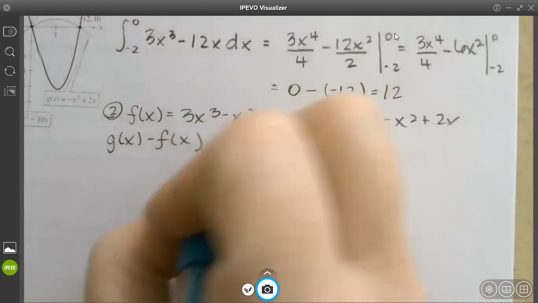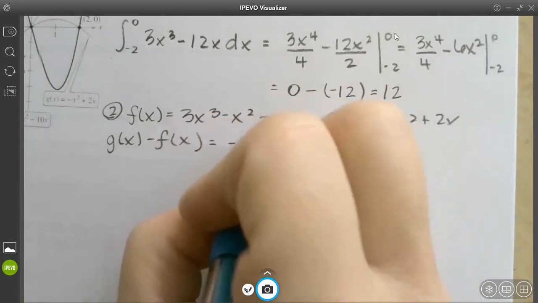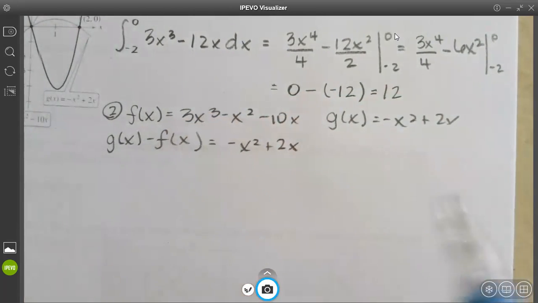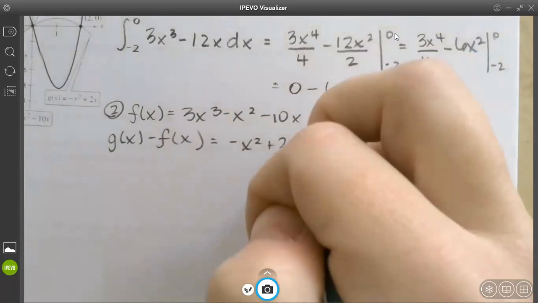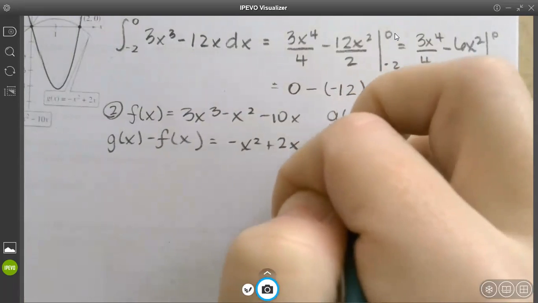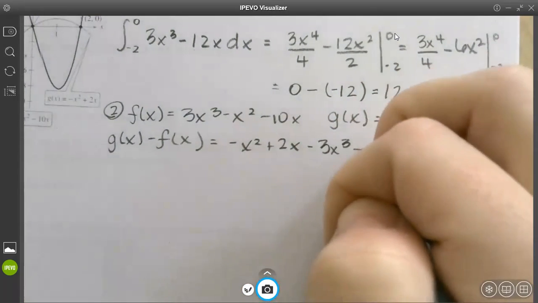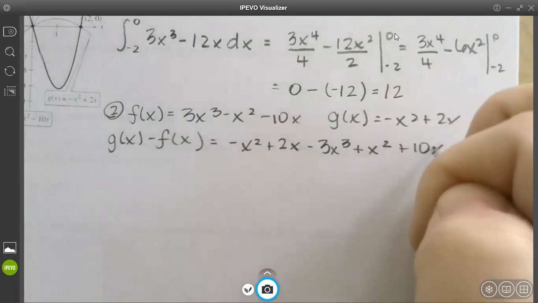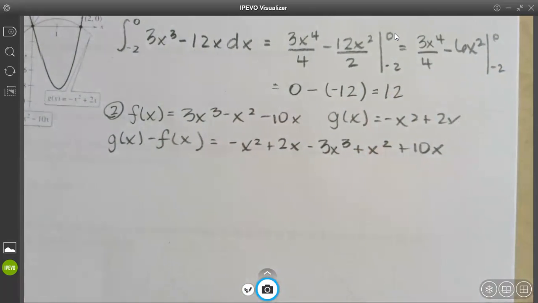So g of x is -x squared plus 2x. I'm going to subtract these, which means I just change all the signs, right? So I'm going to do that right now to save some space. 3x cubed, we're going to subtract. We're going to add x squared, and we're going to add 10x again, because we're just changing the signs.